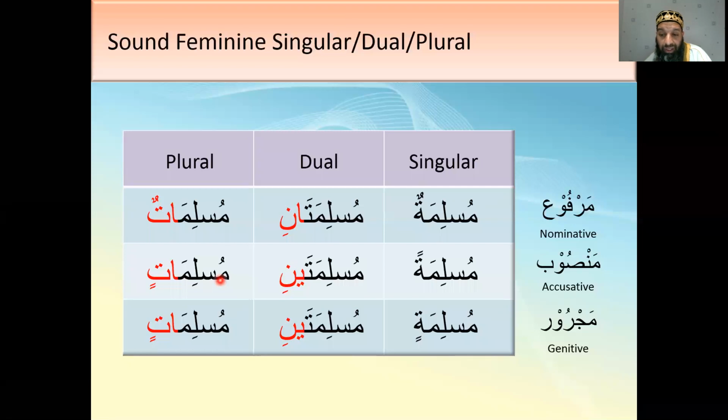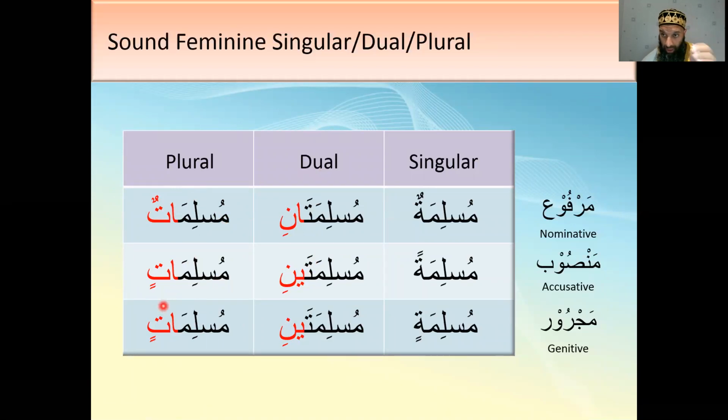Hafizatani or hafizataini. Excellent. How do I say many hafizas? Hafizatun or hafizatin.